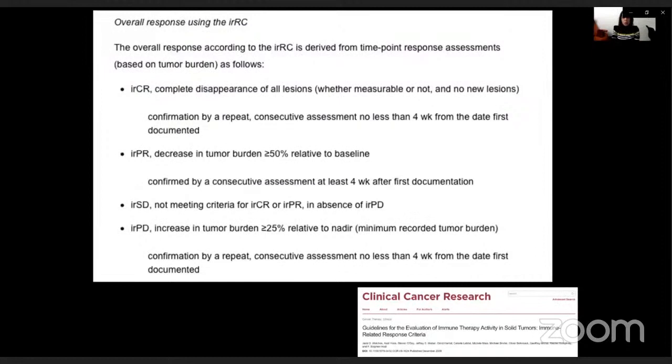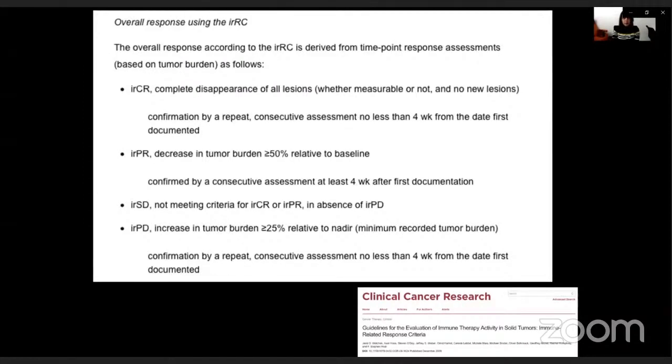Therefore, several groups and also international societies try to define new criteria for immunotherapy monitoring. And these are the criteria published by the group of Hodi and all in the Clinical Cancer Research. These criteria were the first one, and they are called immune-related response criteria.